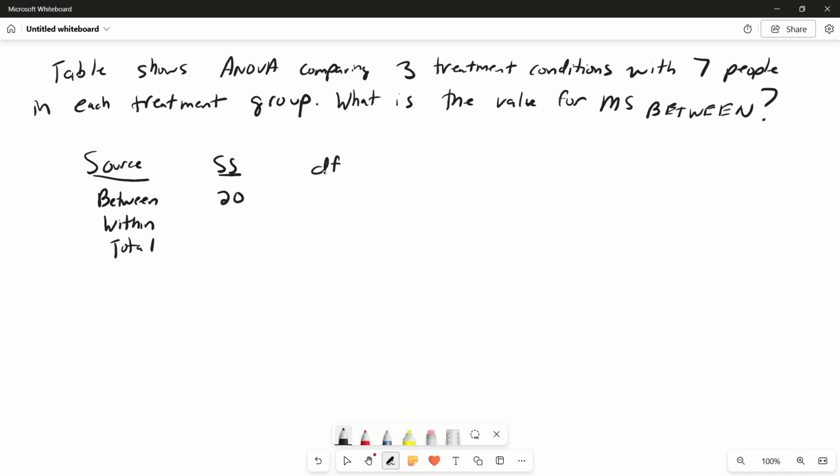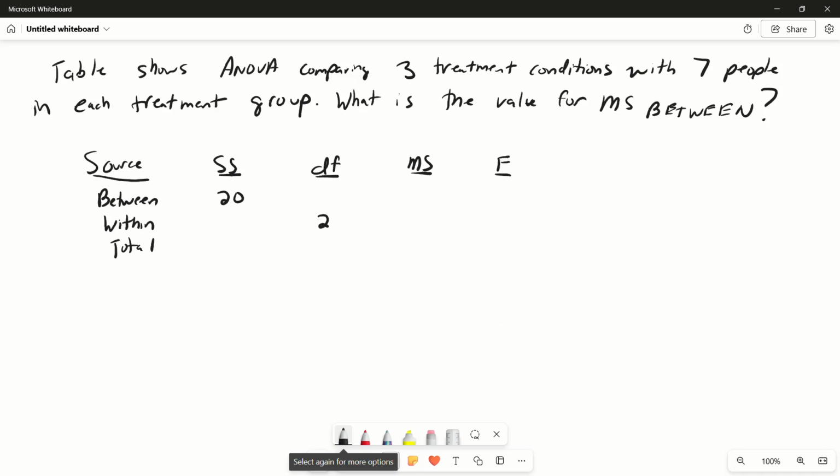For the degrees of freedom, the only thing we have is within, which is 2. And we don't have the F ratio. So we need to find mean squares between. Actually, let's put the mean squares column in here. We don't have any of the mean squares column. And then F. And we don't know any of that information. So all we know is 2 and 20.